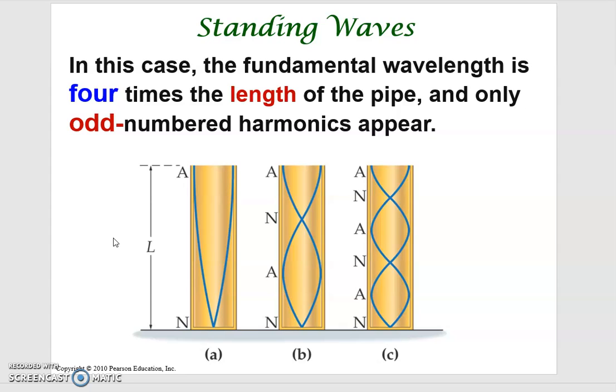However, think about it. If you have a bigger and bigger organ pipe, your L is very, very tall. You still have this pattern: L is still equivalent to 1/4 of the wavelength, which means your wavelength is now very, very long. What do I mean when the wavelength is very long?